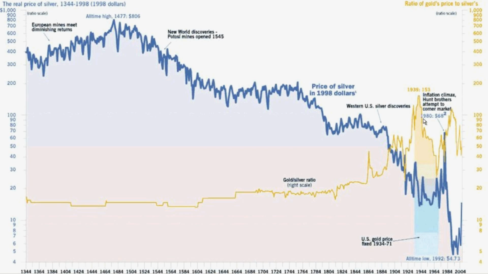And you can see the gold-silver ratio actually peaked at 153 in 1939. Now, that was the point that the gold-silver ratio reversed and started down, rallied again and started down. The silver price actually didn't bottom until 1992, when we get this price of $4.73.